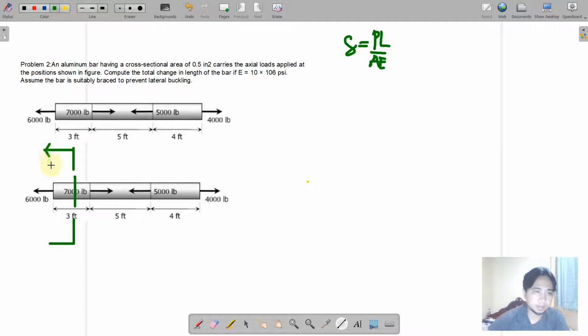So in this first segment, of course, it is very convenient to use the leftmost portion because it has lesser details on the left. For the segment of 5 feet, we can cut this and consider the left or right portion. In this case, I'll just use the left portion.